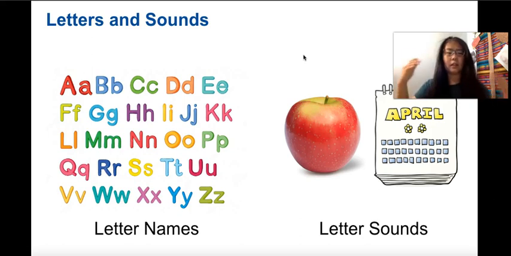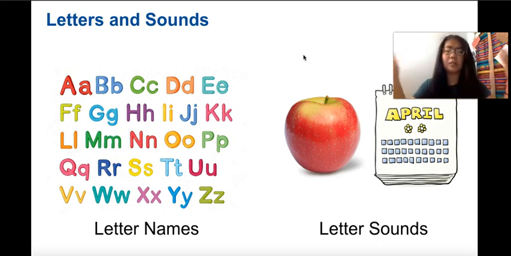So first of all, letters have names. That's our alphabet, right? A, B, C, D, E, F, G. Those are the names of the letters. Letters also have sounds, right? A says a, like apple. A says A, like April or Amy, right? So the letter A has many sounds it can make.